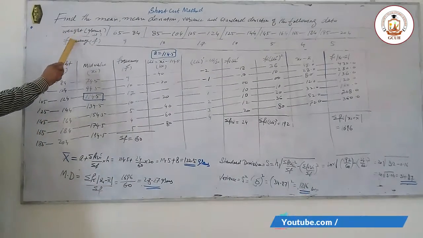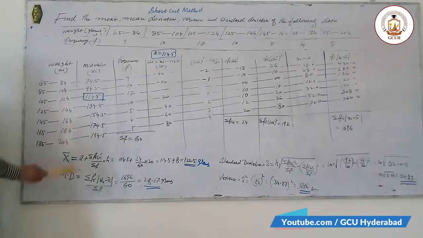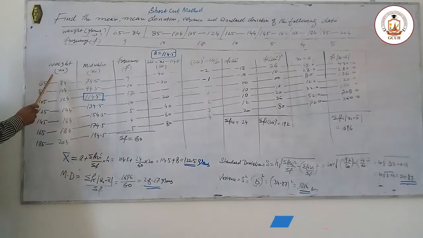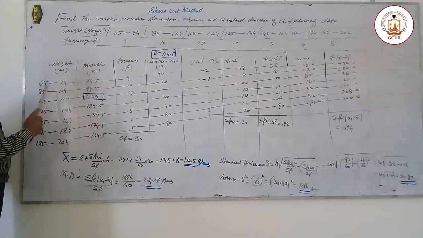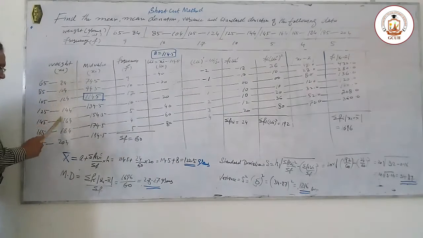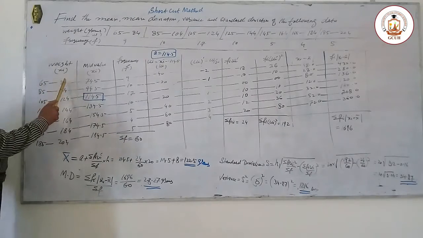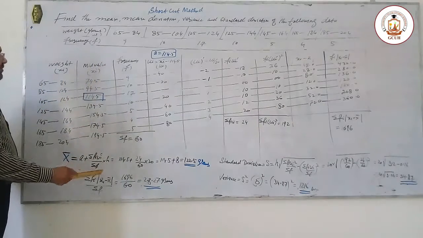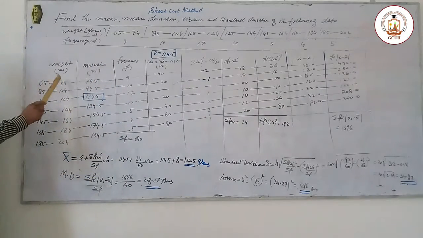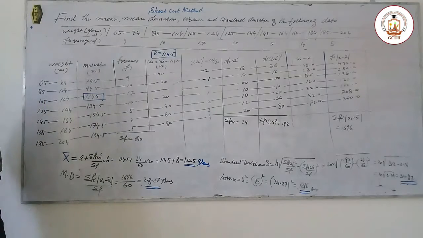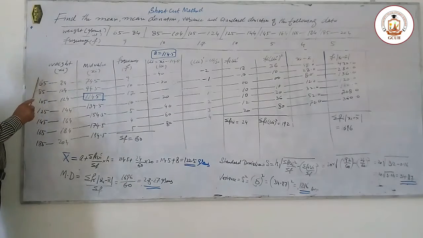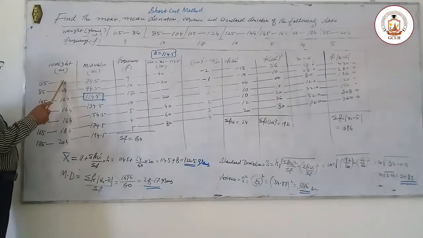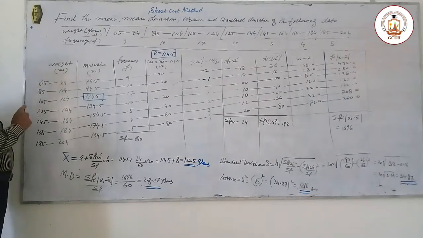So we write this data in a tabulated form. First of all, we write the weights in class intervals 65 to 84, 85 to 104 and so on. In this column, we calculate the average of every class interval. The average is lower class limit plus upper class limit divided by 2.